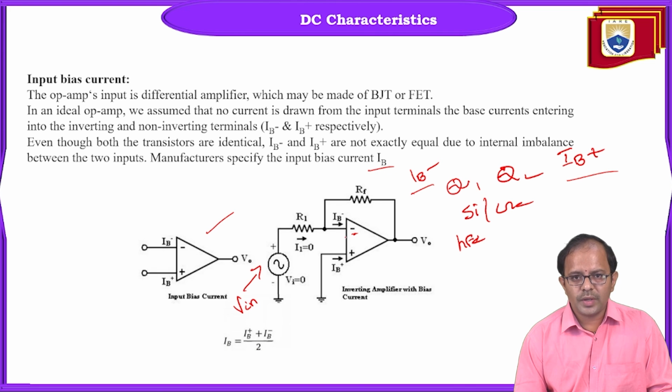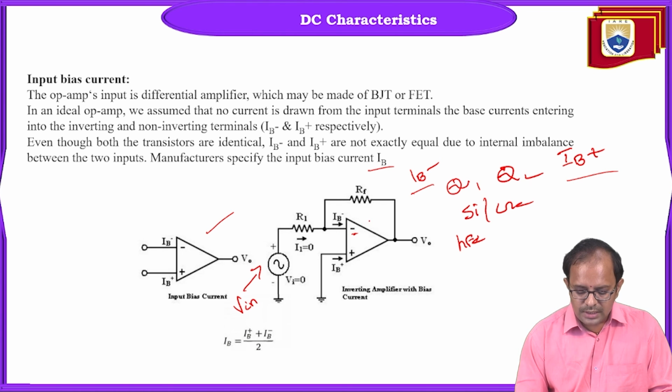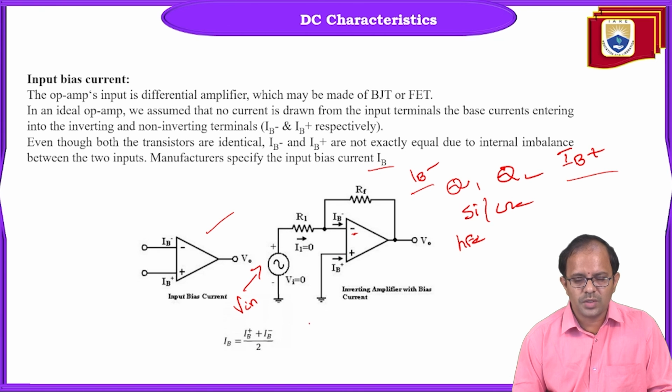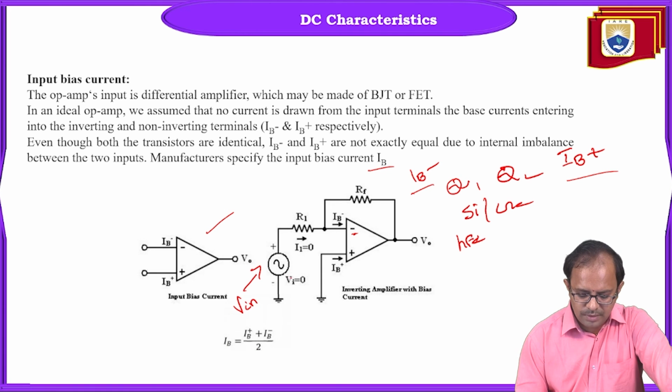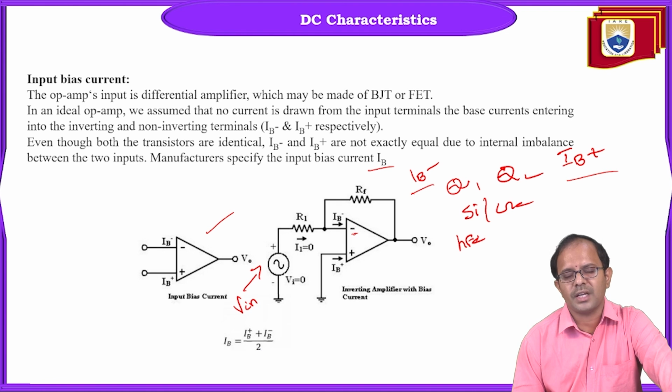Since we have two input terminals, one inverting and another non-inverting, if the input is connected to the inverting terminal of the op amp and the non-inverting terminal is connected to ground, then such an amplifier is called an inverting amplifier, because the input is connected to the inverting terminal of the amplifier.